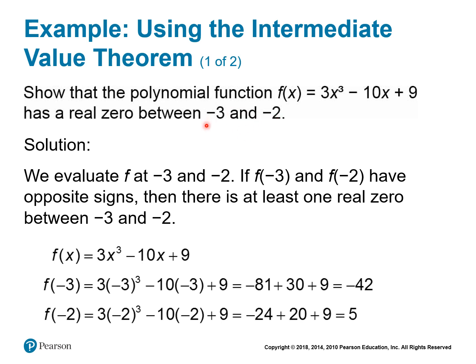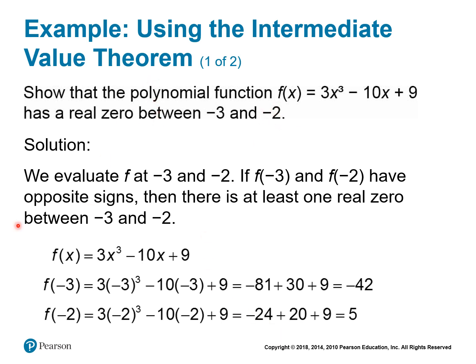We used values -5 and -1 in the previous slide, right? Here they've given us a specific function, and the interval values, or the ends of the interval, are x equals -3 and -2.